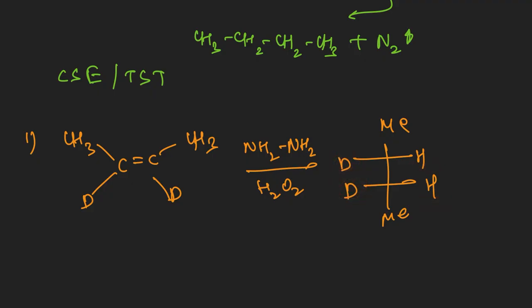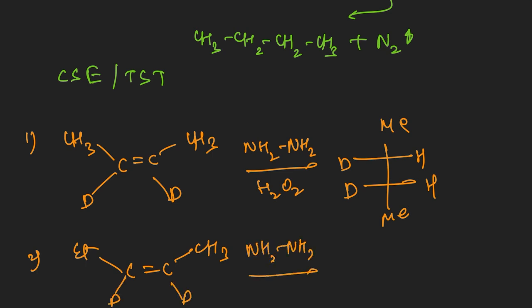Second, let's say we have ethyl, C double bond C, CH3, D and D. We react it with NH2NH2, H2O2. It will form a racemic mixture.